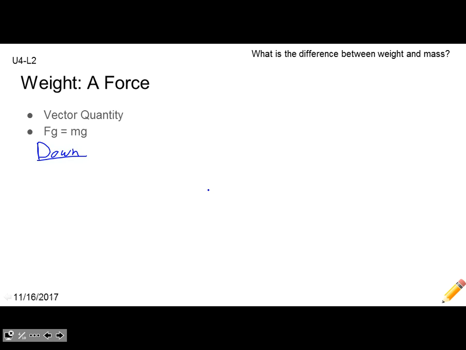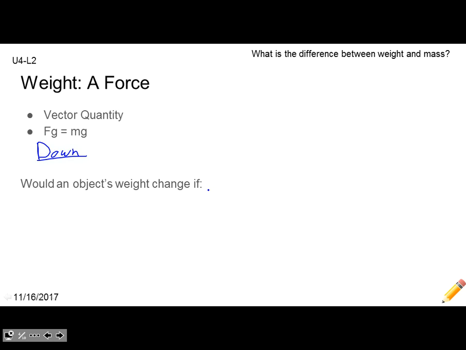And on Tuesday, we'll talk more about why that is. Depending on where you are, down is wherever things fall to because they have weight, because the earth is pulling them down. Like I said, we're going to go into that next week. But we would say it always points down.